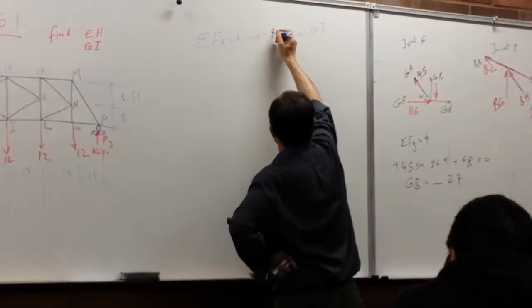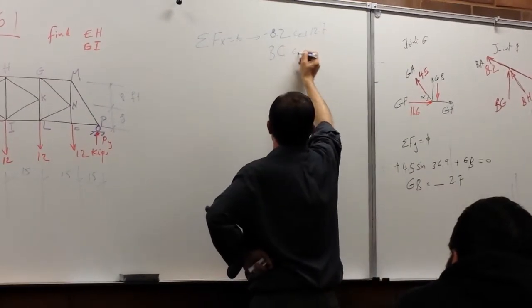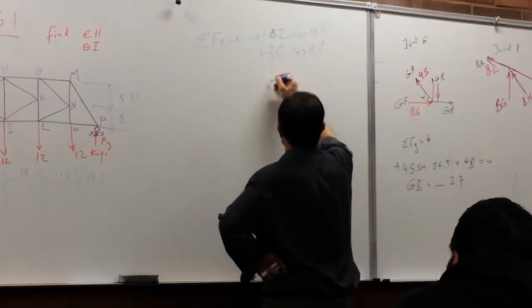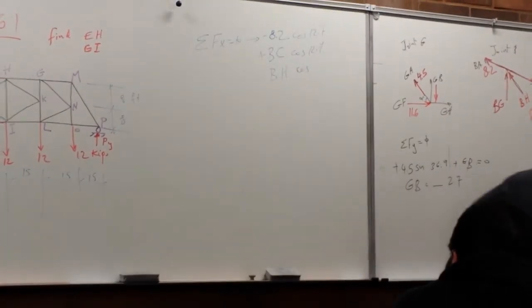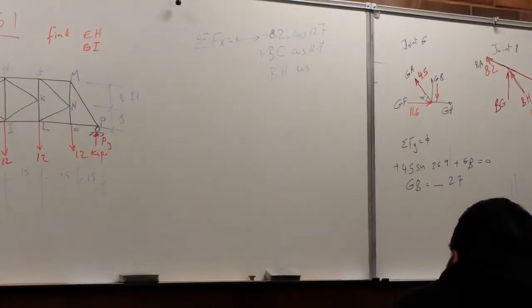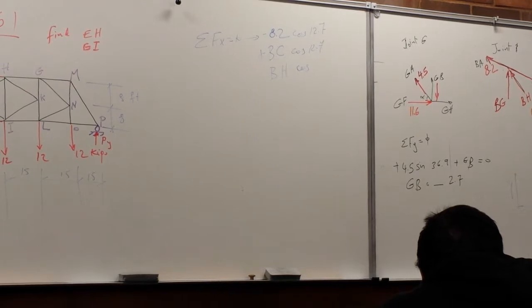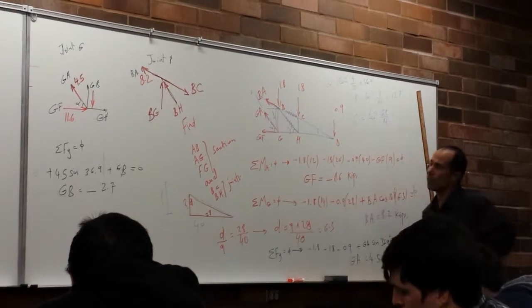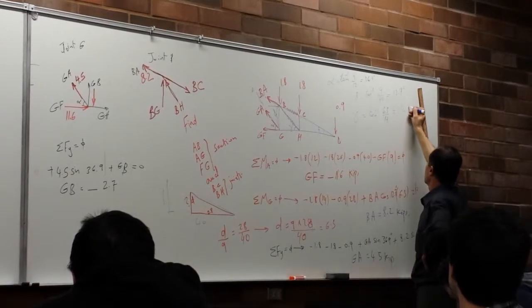Agree? Yes. BC cosine of 12.7 is positive. BH cosine, this one here, let's call it gamma. Gamma equals tangent inverse of 6.3 over 14. Give me please a number for gamma. 24.2 degrees.